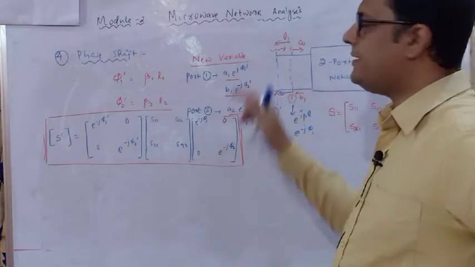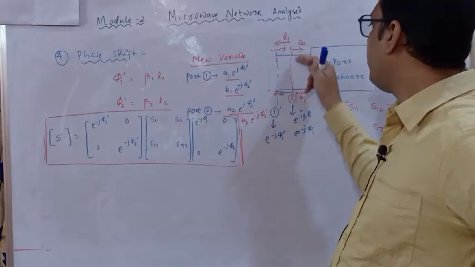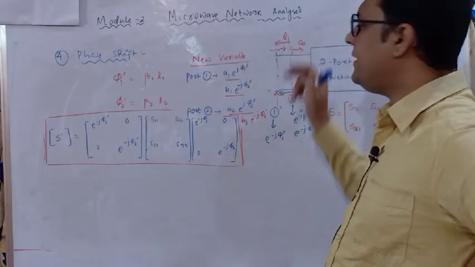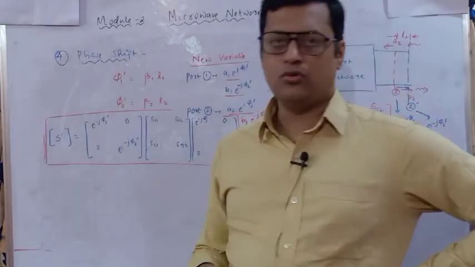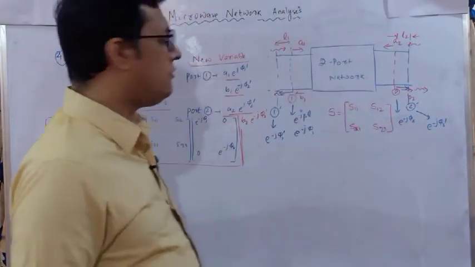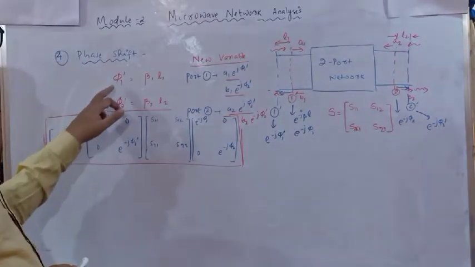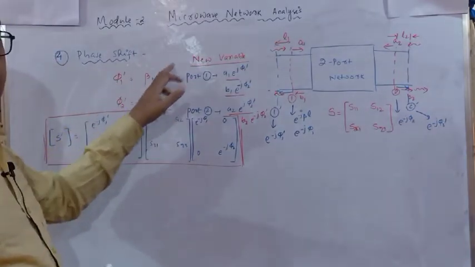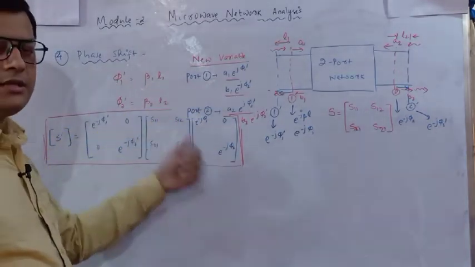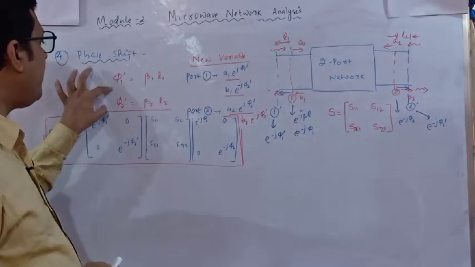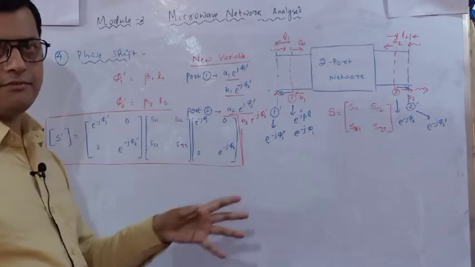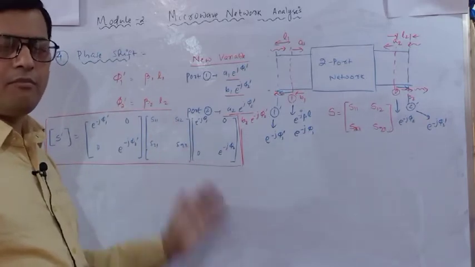From position 1 to 1 dash the length is L1, and from position 2 to 2 dash the length is L2. So phi 1 equals beta into L1 and phi 2 equals beta into L2. These are the phase shifts with respect to the change of position.